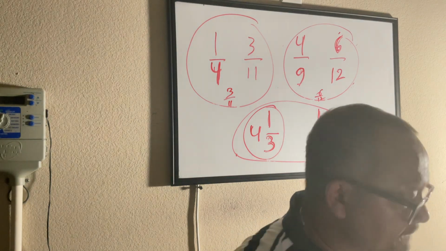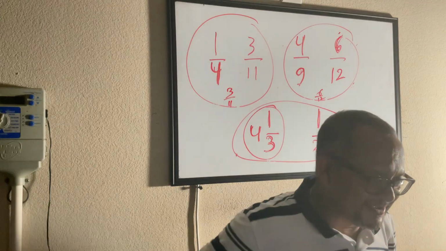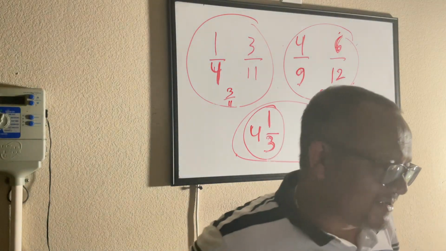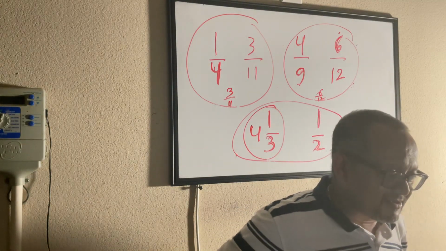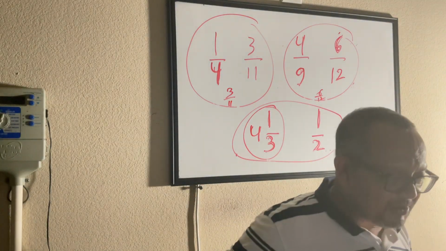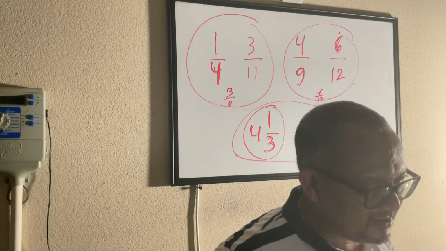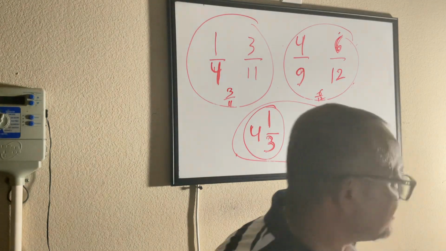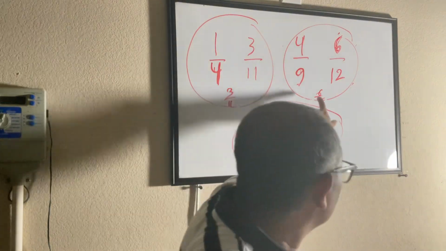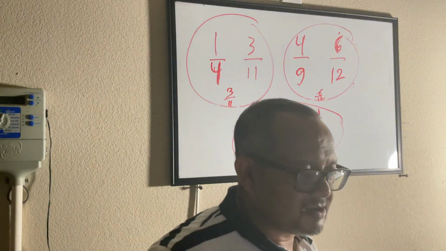It's the same. That was a smart move. Sanvi? Same answers except the third one. Okay. Alright. How about Lakshmi? For the first one, 3 11 is bigger. The second one, 6 12 is bigger. And then the third one, 1/2 is bigger.